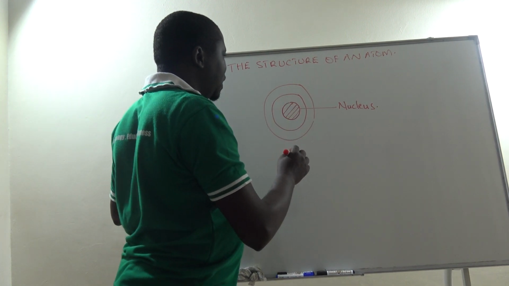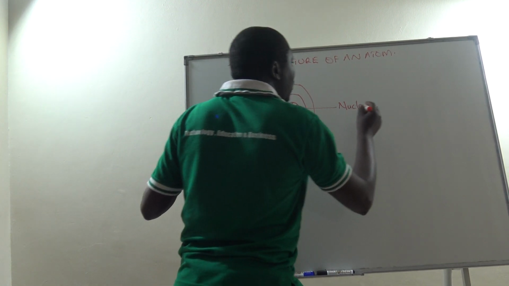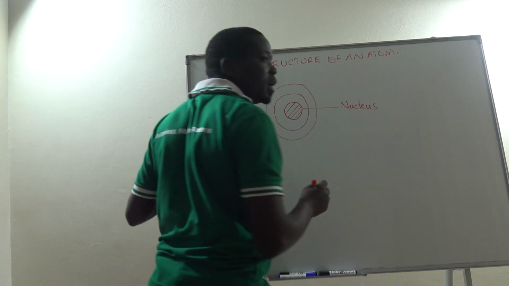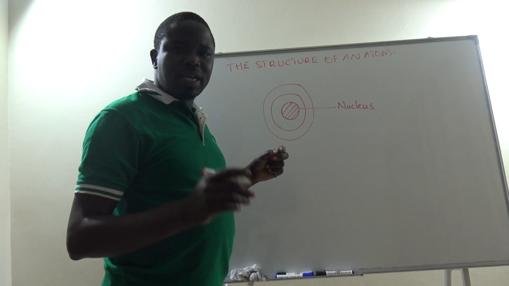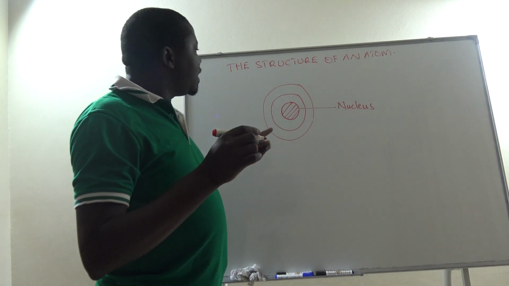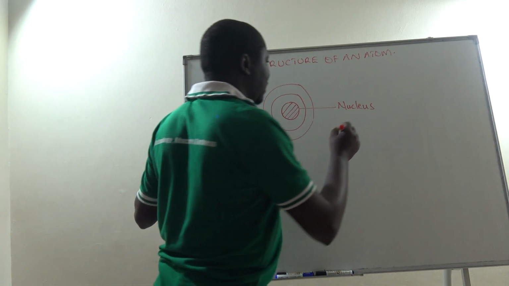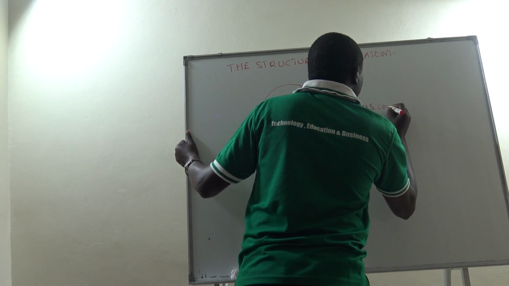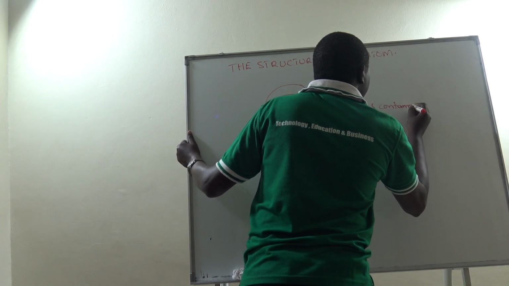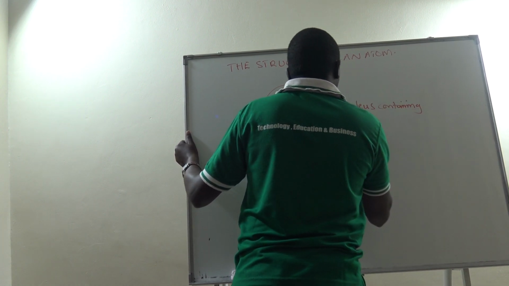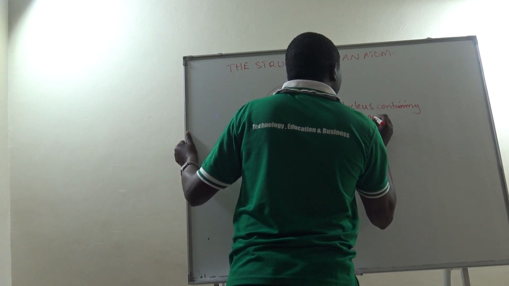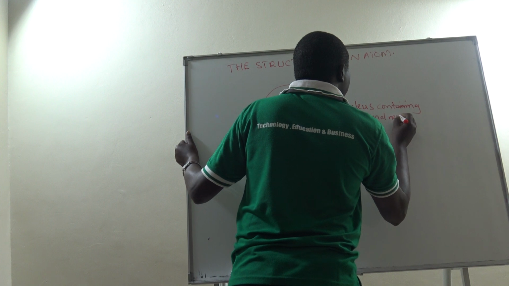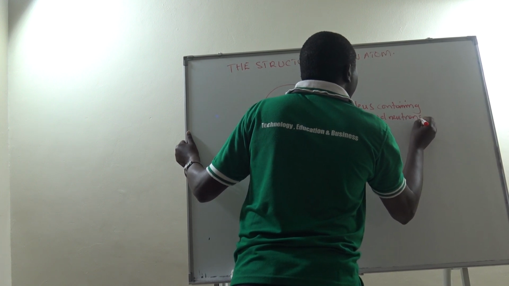So, inside the nucleus, we have got some particles. Those particles, we call them the subatomic particles, the particles found in an atom of an element. So, the nucleus containing protons, and then we also have what we call neutrons.